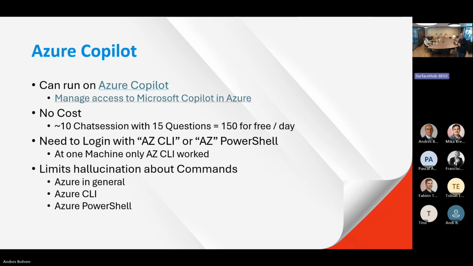I already said you need to be logged in, and that Azure Copilot is trained on Azure in general, Azure CLI and Azure PowerShell. But I've asked a lot of questions also for Graph. That works fine too. So it's not limited to exactly these modules, but PowerShell and Azure are the main focus, and that's the model's strength, right?